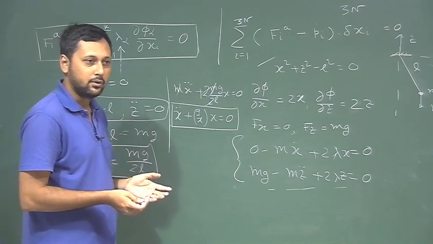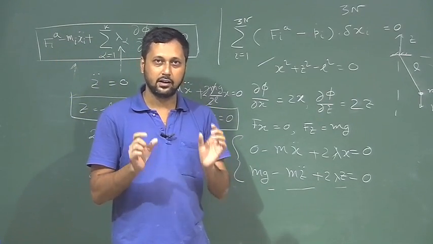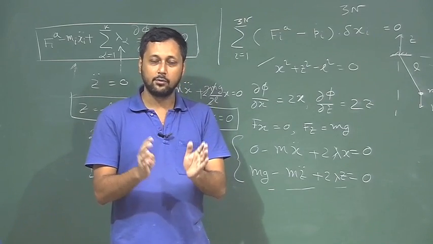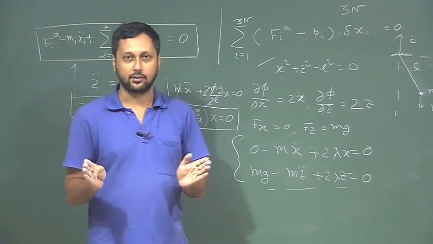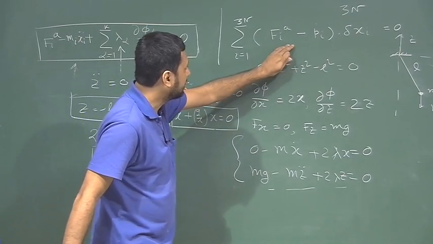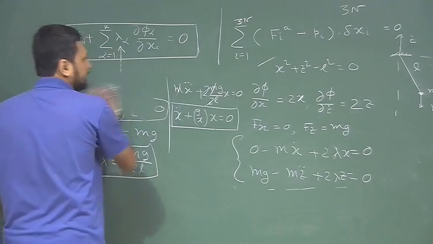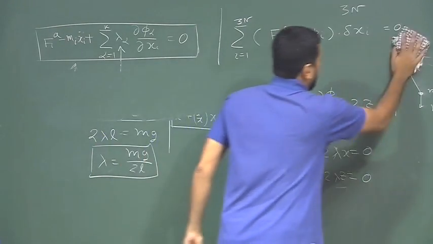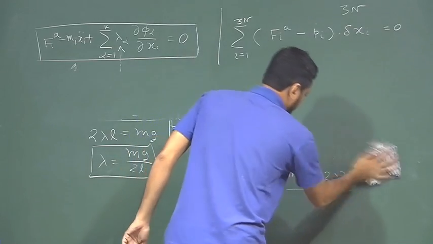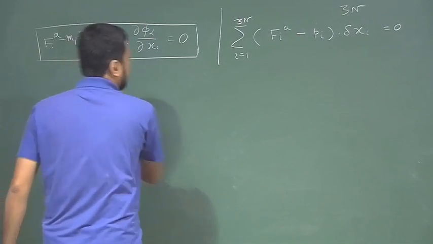But we have already defined a set of generalized coordinates which are exactly as many in number as required by the system for a complete description. So, it is always better if we can write this in terms of independent parameters. So, let us try that. This one is called Lagrange equation of first kind, the one we are going to derive now is called the Lagrange equation of second kind.